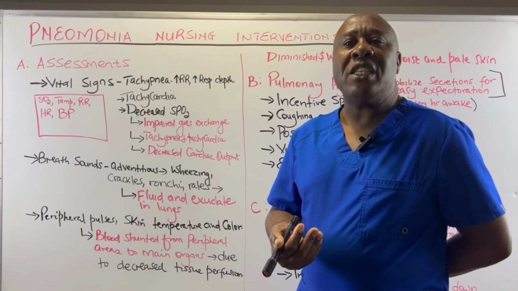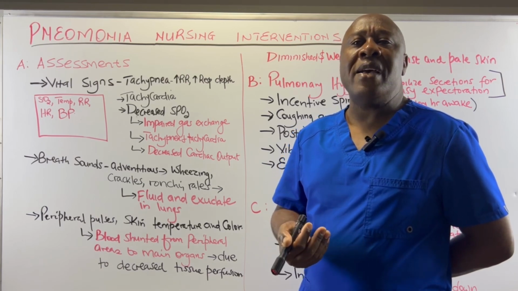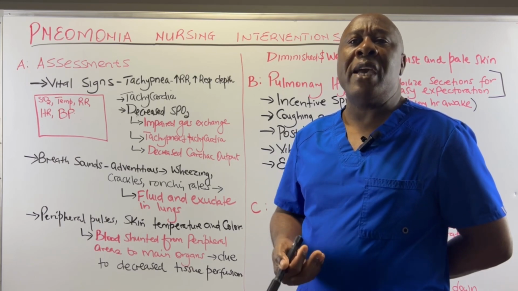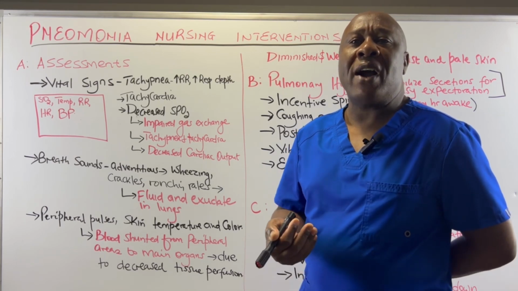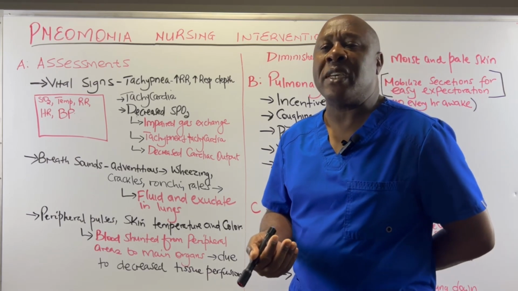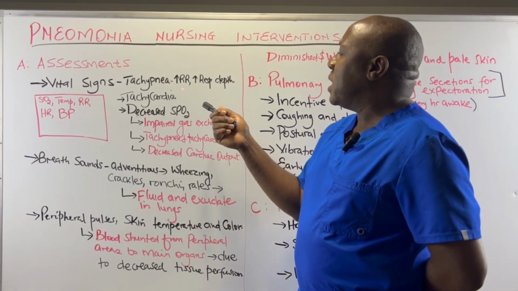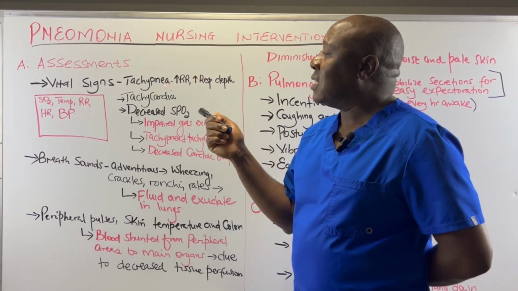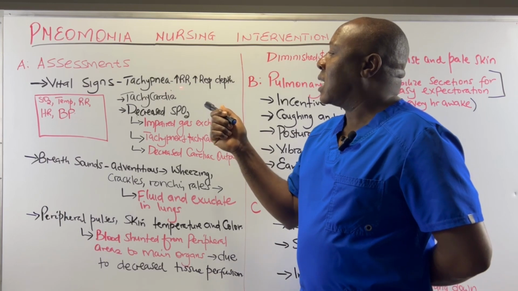Remember, patients with pneumonia experience decreased oxygen saturation. So the body tries to put in mechanisms to overcome that oxygen deficit. So the body tries to compensate by increasing the respiratory rate and also the depth of respiration. So patients with pneumonia have tachypnea.